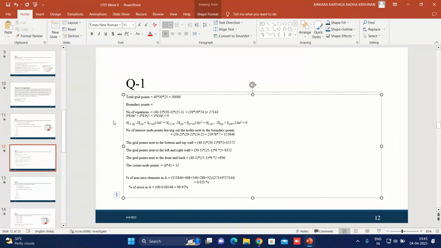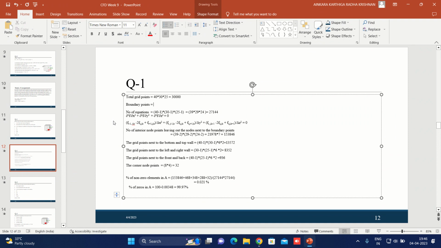Again it would be 25 into 30, and looking at the left and right, 25 into 28.